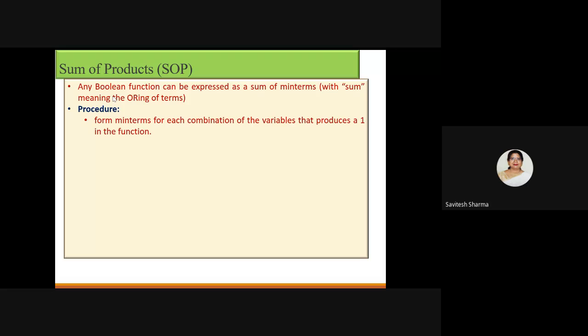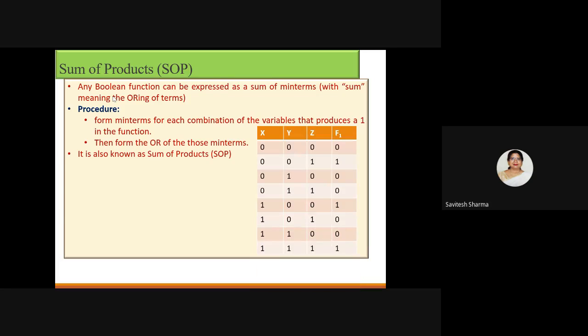The combinations that are producing 1, we will write those min terms only, and then we will combine those min terms with the OR operation, and this is called sum of products. So you will get a result in SOP form. So let's do one example. See, listen carefully.